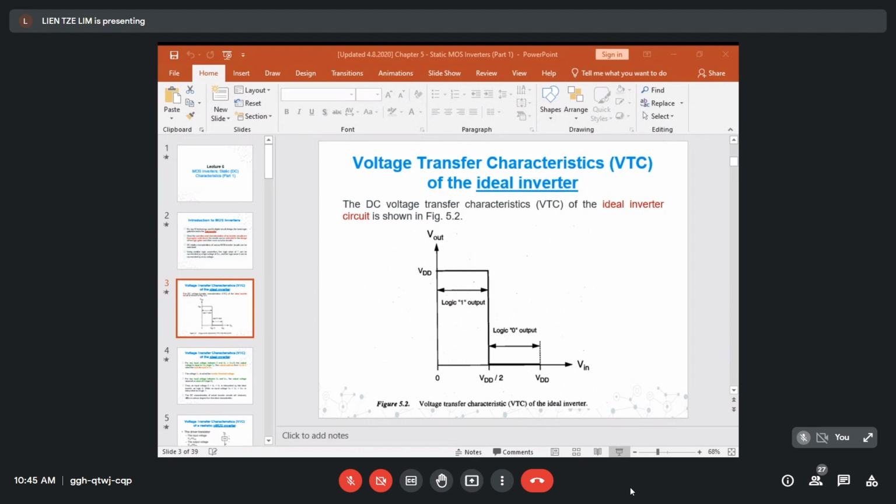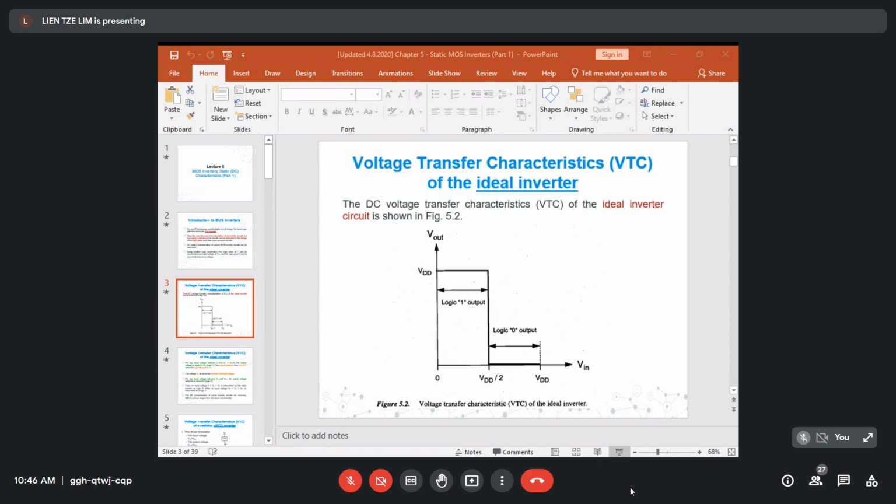So you see that in this graph, when the input voltage is low, consider the low voltage level, then the output will be high. So the voltage level here is the high output.